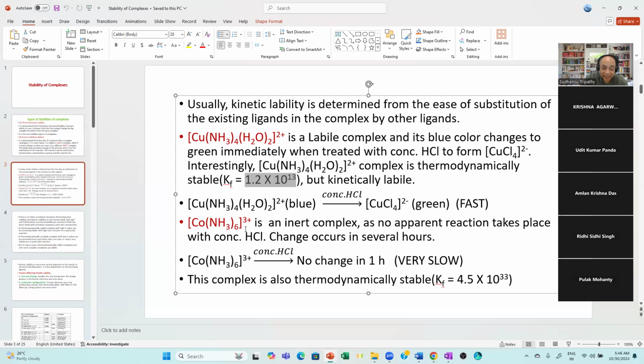On the other hand, hexaammine cobalt 3 plus also has a very high formation constant, but that is really inert. Here these two complexes, one is the copper complex, the other the cobalt complex, one having high stability constant but labile, but this having high stability constant but inert.